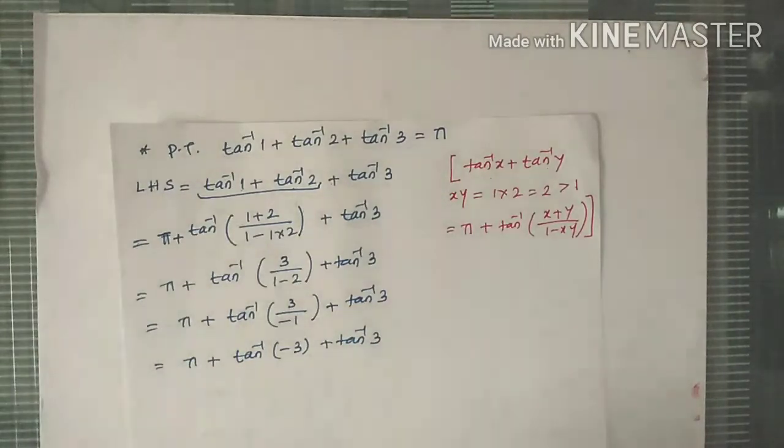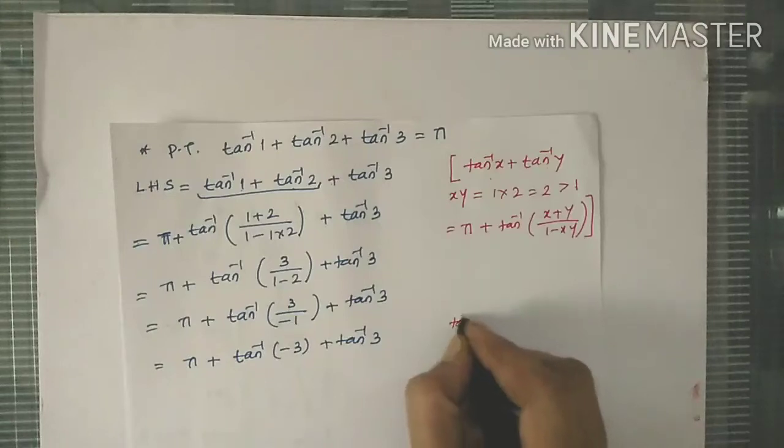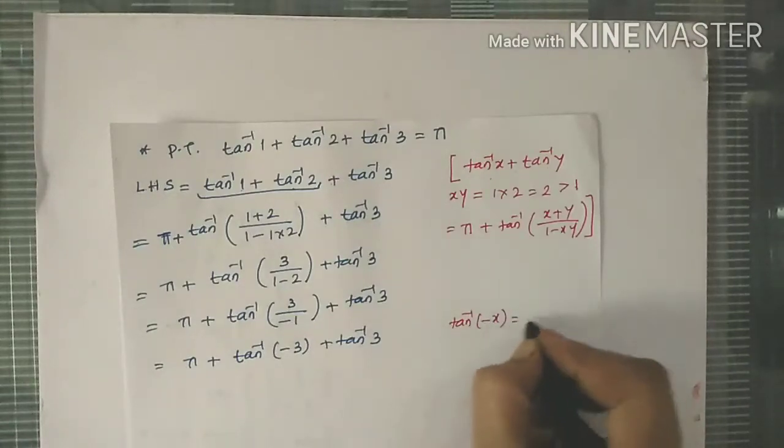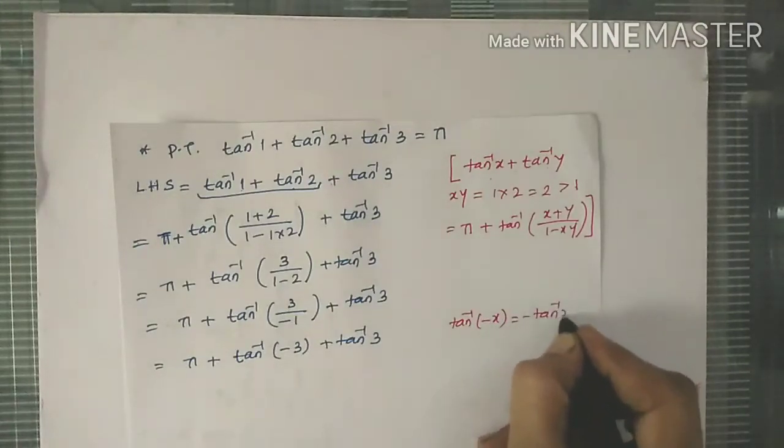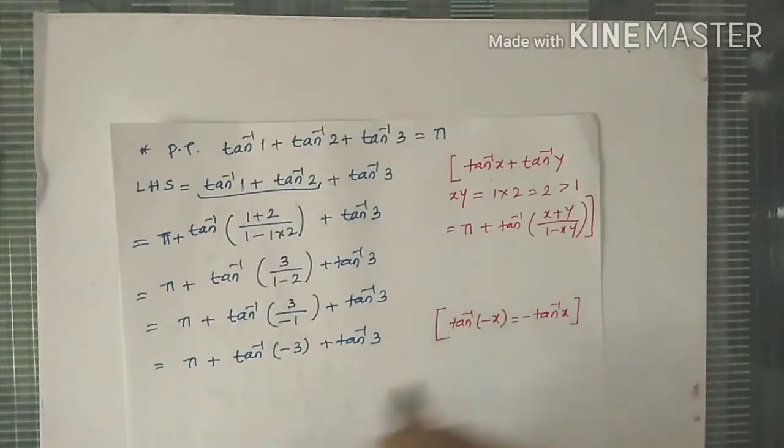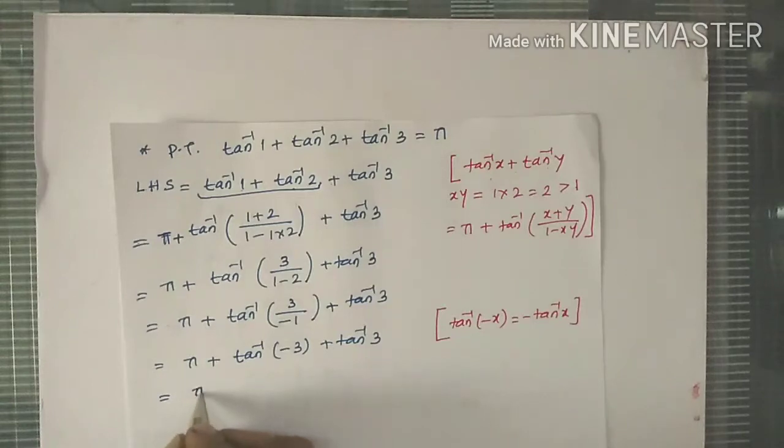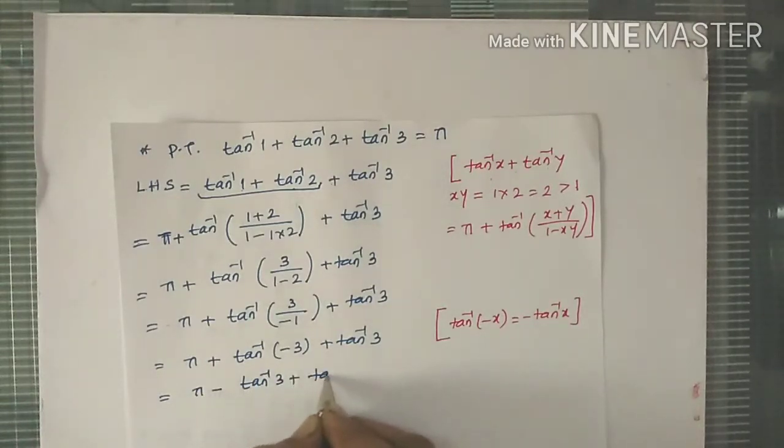But we have written one more property, that tan inverse of minus x is always minus tan inverse x. So tan inverse of minus 3 becomes minus tan inverse of 3, minus tan inverse of 3 plus tan inverse 3 as it is, and these two terms get cancelled and we get pi, which is equal to the right hand side.